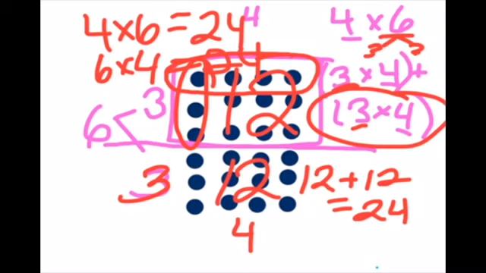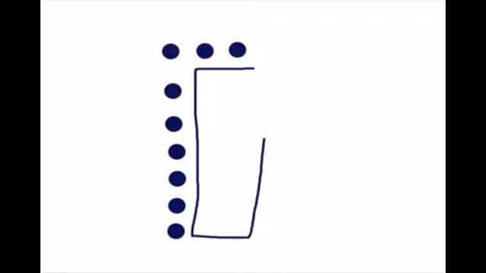And so let's look at the next problem with the covered array, and we're going to see what we do when we do not see all of the dots. So here's my covered array. If I were to have this on a card or a piece of paper, you might see a flap of paper that would be covering what was missing.